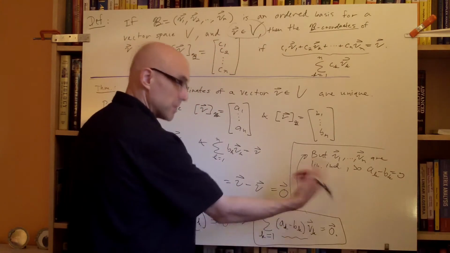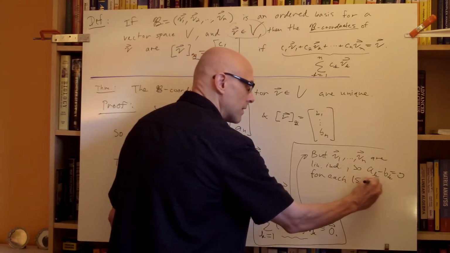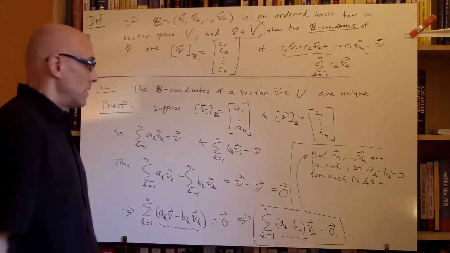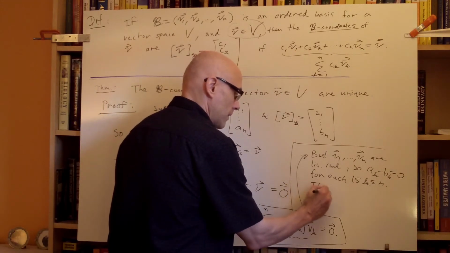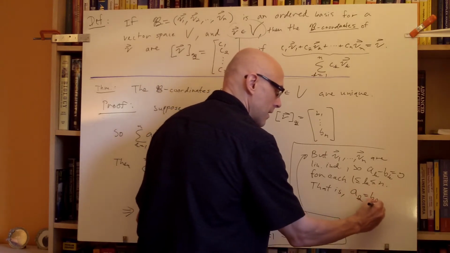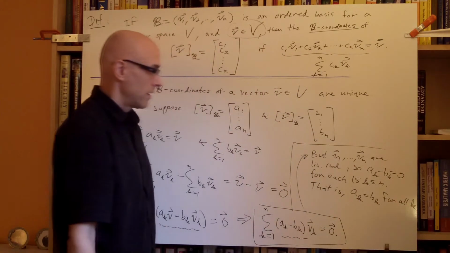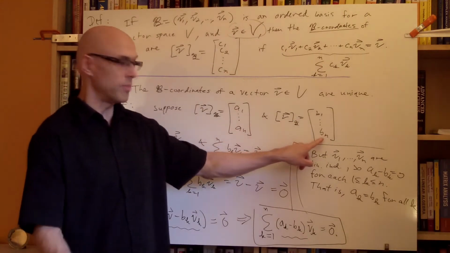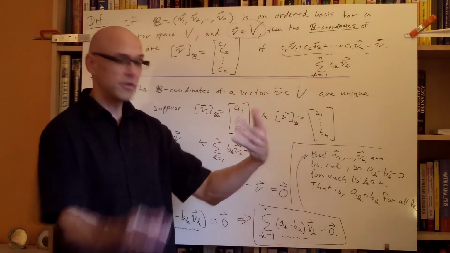So ak minus bk must equal 0 for each k from 1 to n. That is ak equals bk for all k. a1 must equal b1, all the way down to an must equal bn. So these B coordinates for v, they're the same.